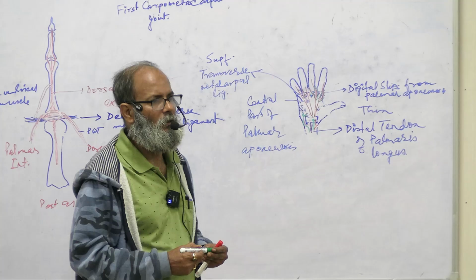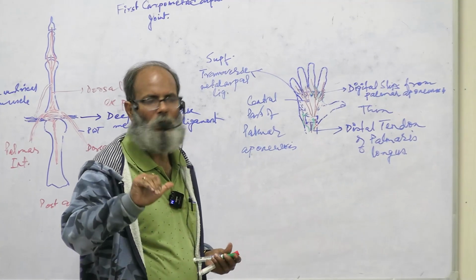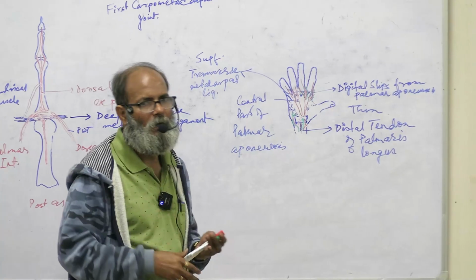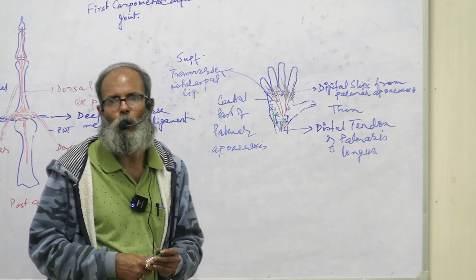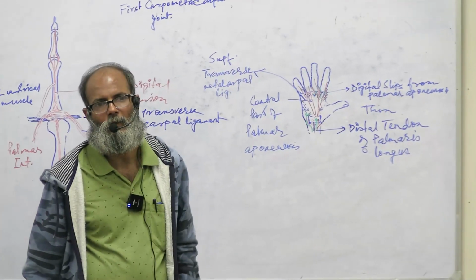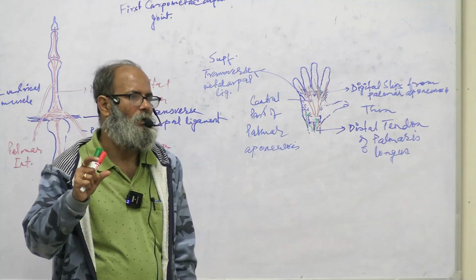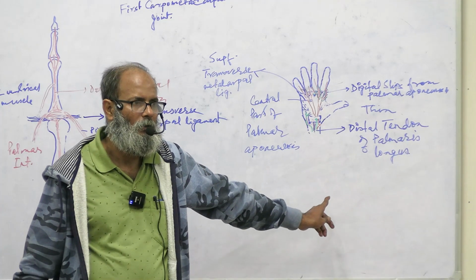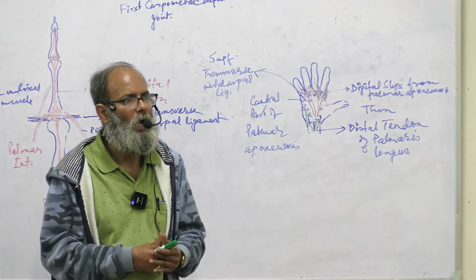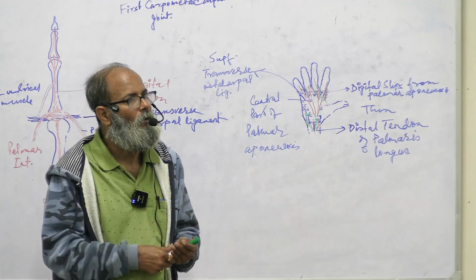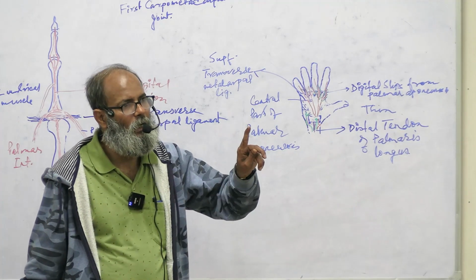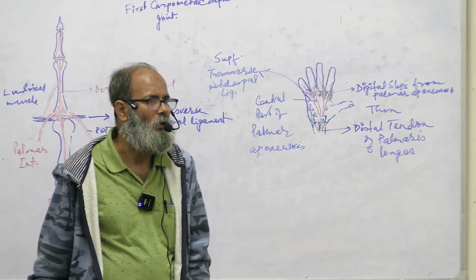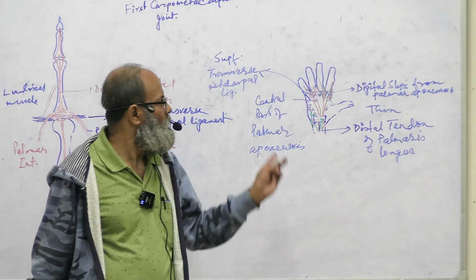Lumbricals are related to movement of the metacarpophalangeal joint and interphalangeal joint, right? And remember, lumbricals are called link muscles. These are worm-like muscles coming from the tendons of the flexor digitorum profundus, and attached to the dorsal digital expansion.